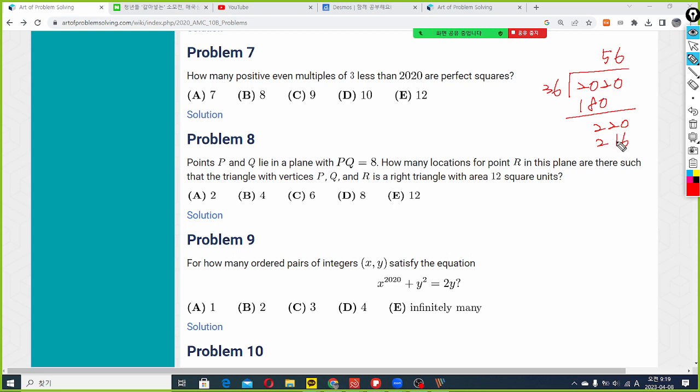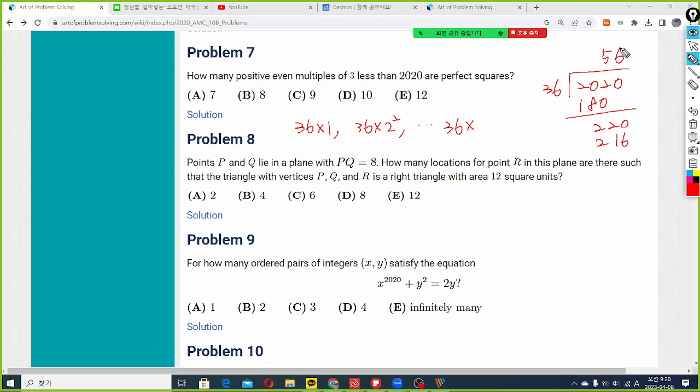So it's like this. What's the greatest perfect square less than 56?